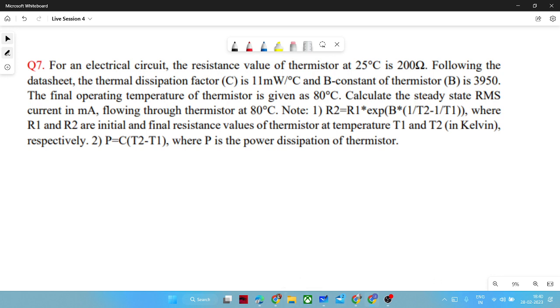So that's why we did not stick with a resistor and we moved ahead with components which have a negative temperature coefficient. So in this question, we are asked to find the steady state RMS current in milliamperes. So let me highlight it and add the condition of temperature 80 degrees centigrade.